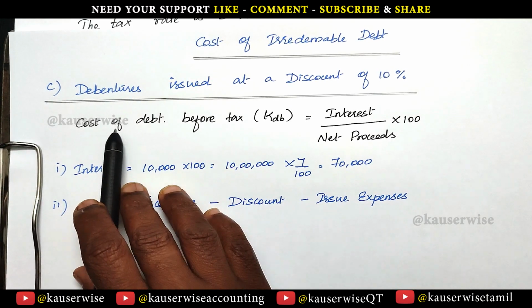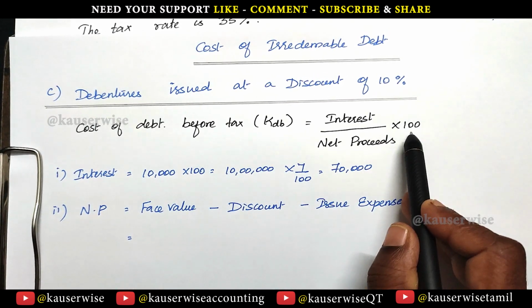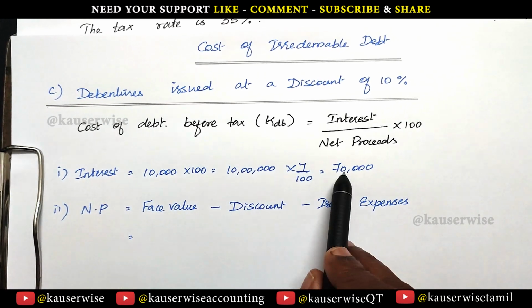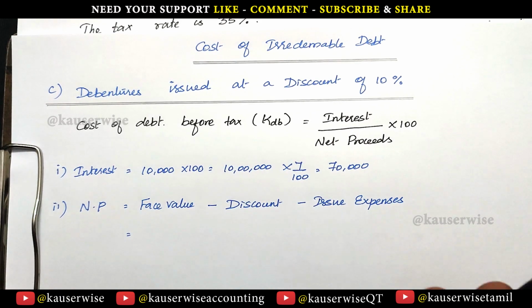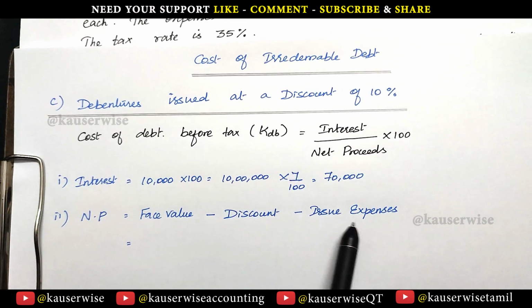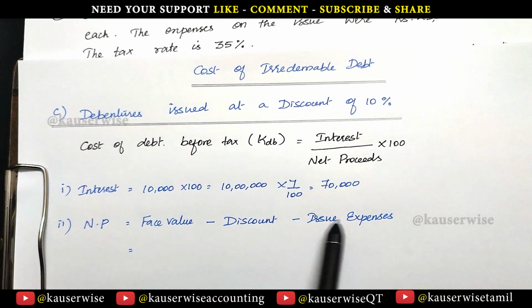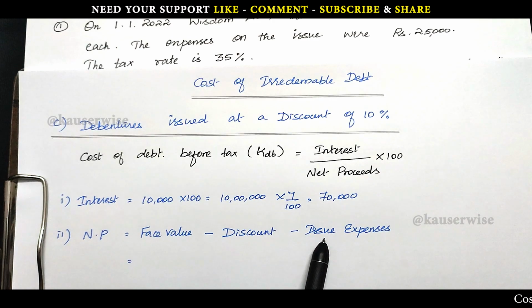Same formula, cost of debt before tax, interest divided by net proceeds into 100. So interest remains the same, 70,000. 10 lakhs into 7%, 70,000. The next one, net proceeds. If the debentures are issued at discount, the formula is face value minus discount minus issue expenses.